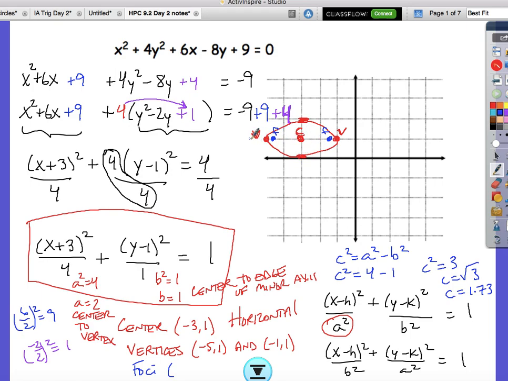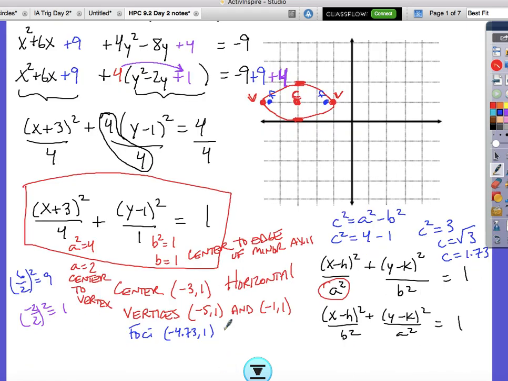If I'm going to the left 1.73 past that, I'll be at -4.73, 1. And if I'm going 1.73 in this direction, I could take -3 and add 1.73 to go to the right, and then I would get -1.27, 1.